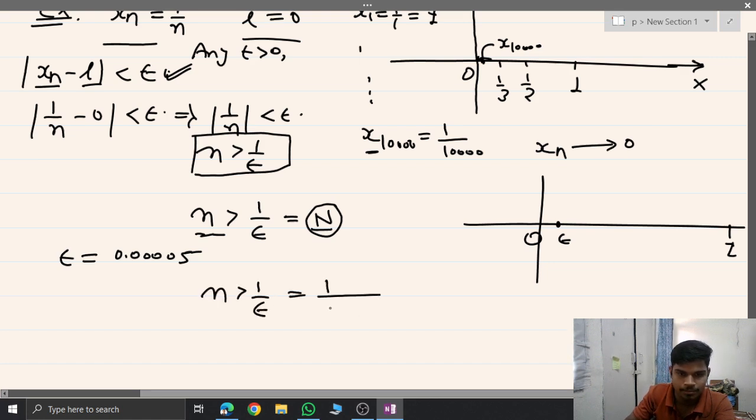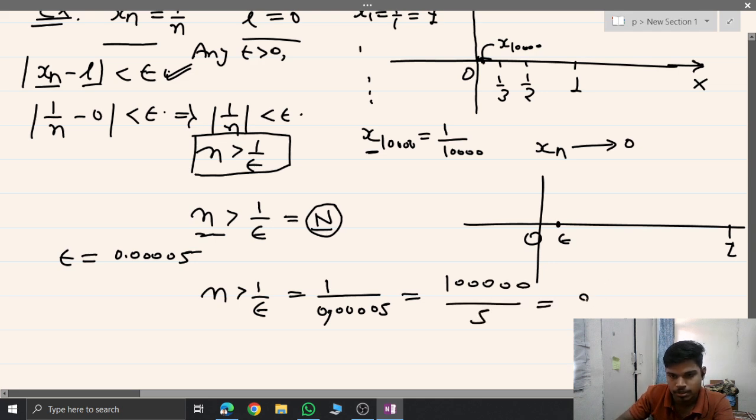Put the value of epsilon, 0.00005. Now what is the number? So this is 1 divided by 5 times 10 to the minus 5, so this is 20000. So this n should be greater than 20,000. For any fixed epsilon, you are getting the n.